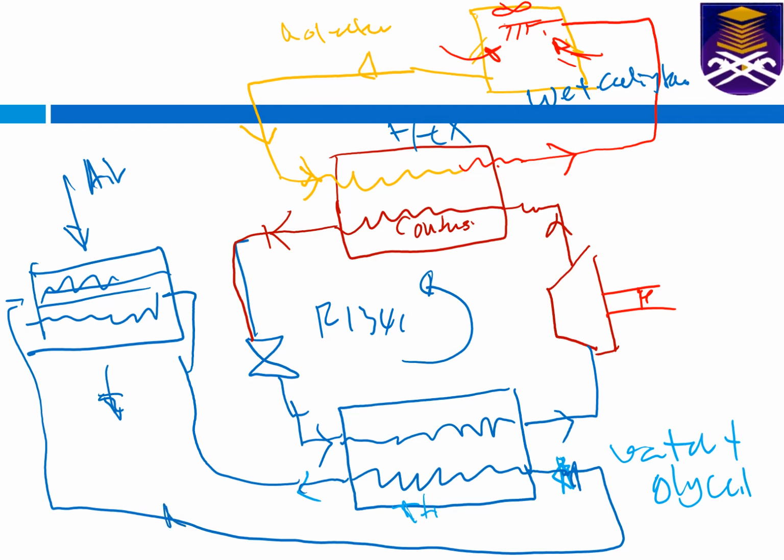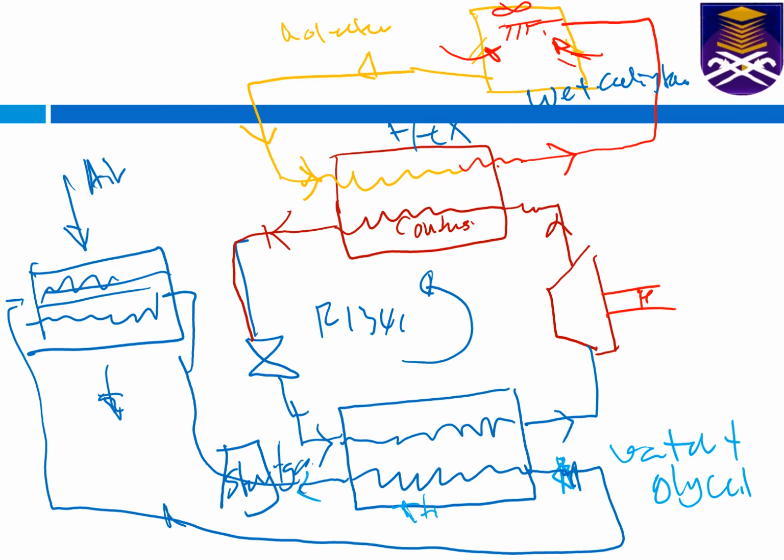Okay, and then if it is involving a cooling storage tank, for example in our engineering complex, instead of going to the AHU, it goes to the ice storage unit. Okay, so what happens in the ice storage unit?